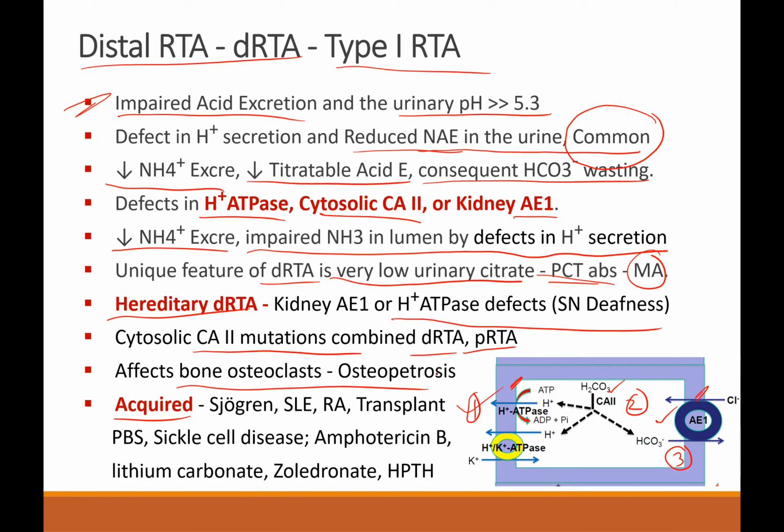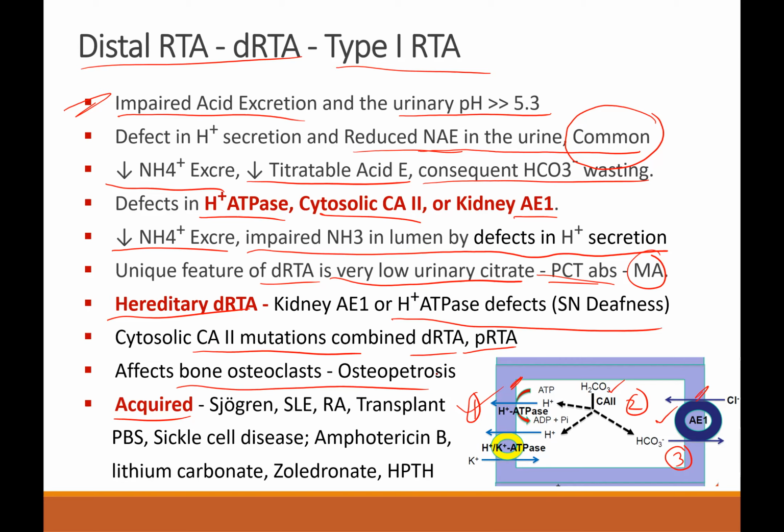Hyperparathyroidism may be acquired or congenital or hereditary. HPTH is hyperparathyroidism of whatever cause. Sjogren, rheumatoid arthritis, SLE, transplant kidney, PBS, sickle cell disease, amphotericin, lithium carbonate, zoledronate, and then hyperparathyroidism.